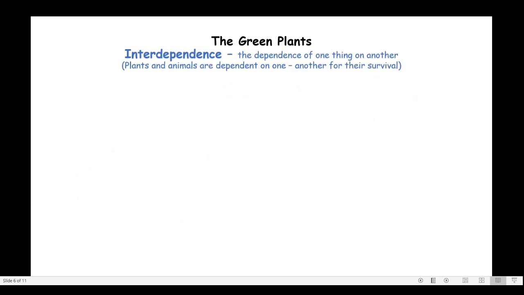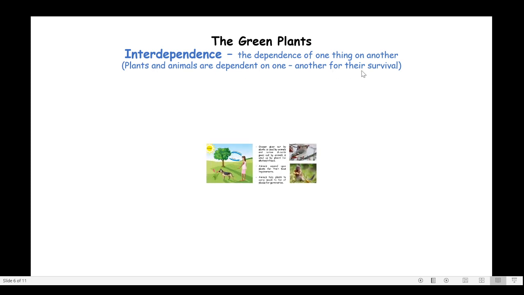Now, our next topic is interdependence. What do you understand by interdependence? Interdependence is that one thing is dependent on another. Plants and animals are dependent on one another for their survival.